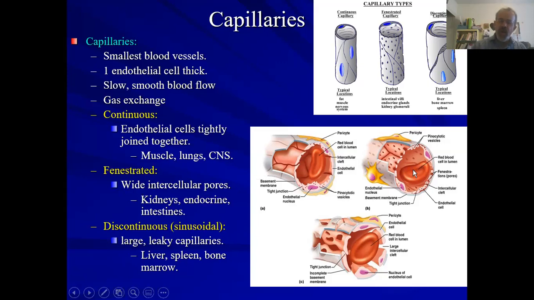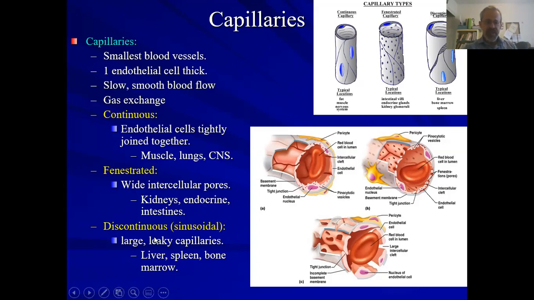We see this primarily in areas where there's a lot of secretion, a lot of absorption, places like the kidneys, where there's a lot of filtering going on, the endocrine glands, where we have hormones being produced, as well as the intestines, where we're absorbing nutrients. So this allows larger molecules, peptides, proteins to kind of squeeze across.